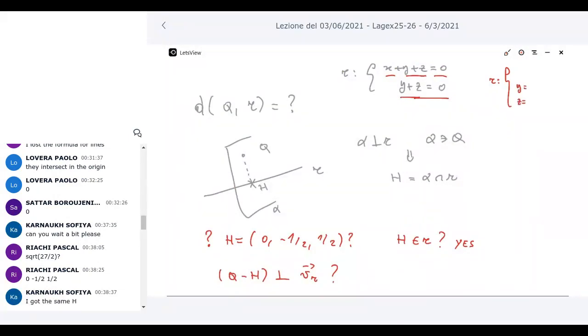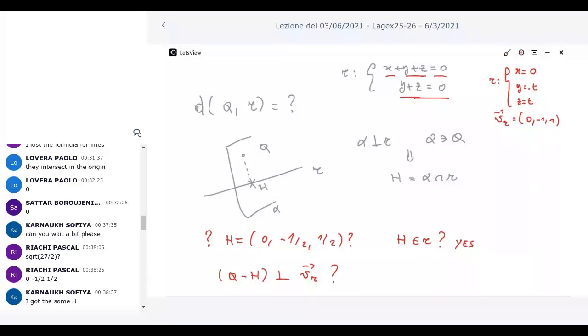So if y is minus t, then z is t, and so x is 0. So the direction vector is something like 0, minus 1, 1. So x is equal to 0, y plus z is 0, so t minus t.